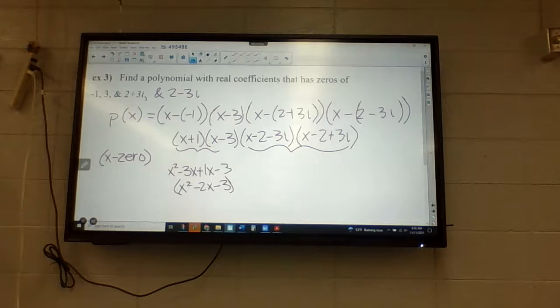13 and 8 is 21 minus 3. 18. I think that should be right.